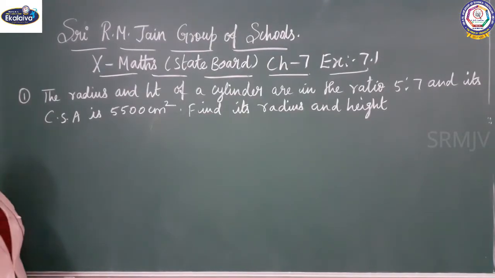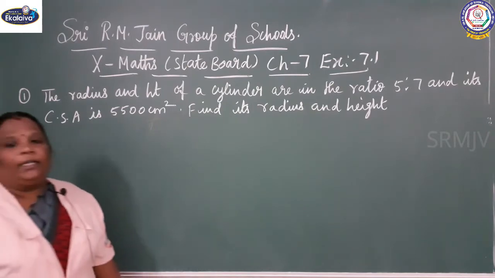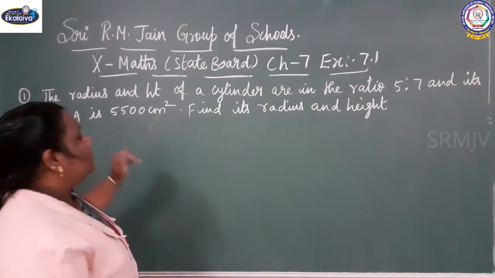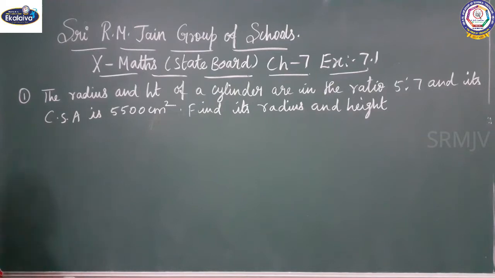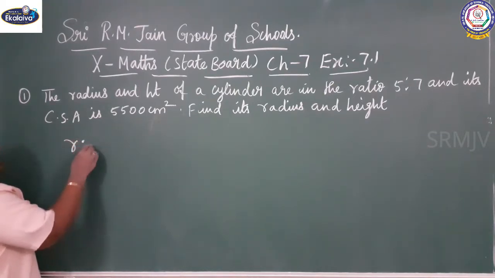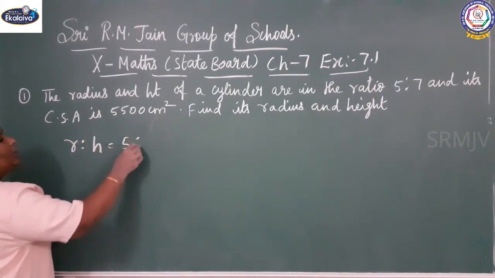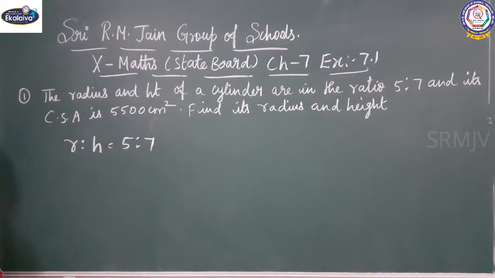See the first sum: the radius and height of the cylinder are in the ratio 5:7, and its curved surface area is 5500 centimeter square. That is r by h.